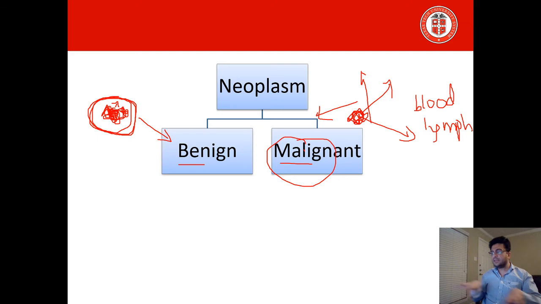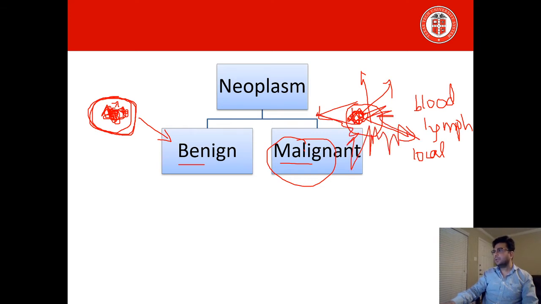So again, the cancer cells can spread throughout our body through lymphatics, and it can have local spread as well. So the cancer cells are crossing this encapsulated surface and they are spreading locally. So benign is less harmful, circumscribed within a surface, limited and not spreading. Malignant is more harmful, spreading everywhere.